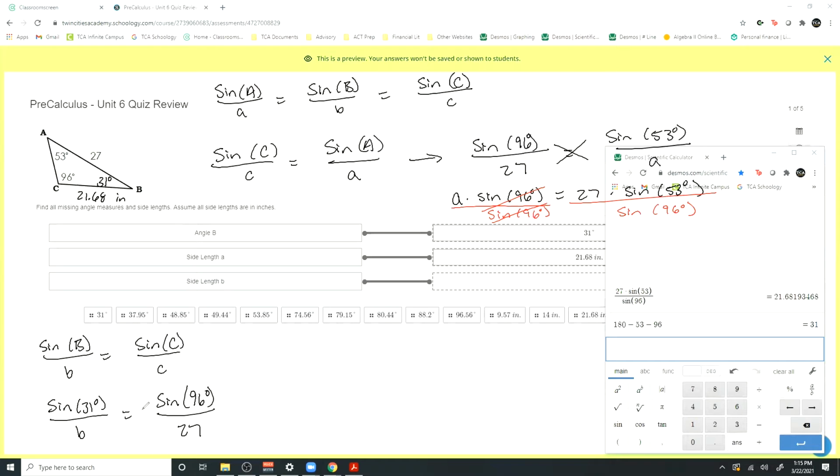Let's cross multiply. So b times the sine of 96 degrees equals 27 times the sine of 31 degrees.